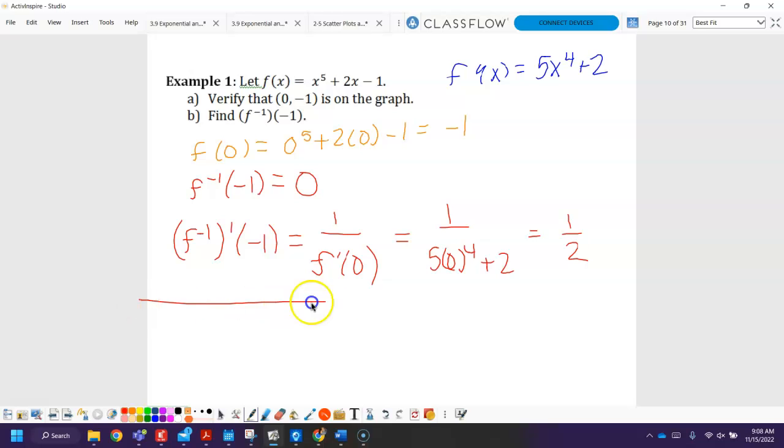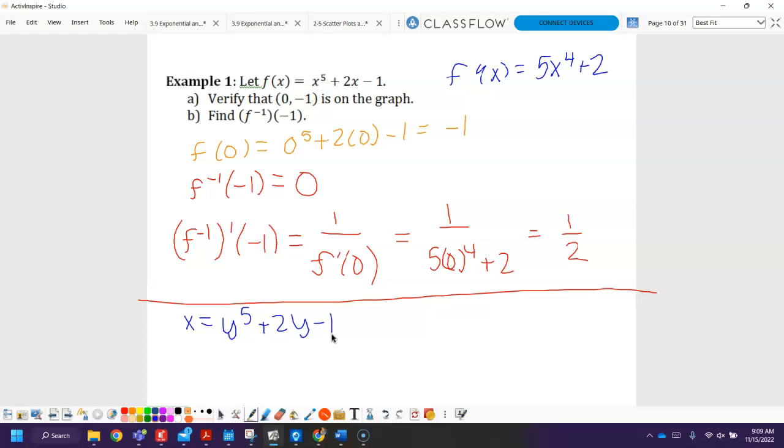Implicit differentiation would say that if you wanted to find the inverse of this function without knowing your formula, well, what's the rule? The rule is you switch x and y. So this becomes x equals y to the fifth plus 2y minus 1.